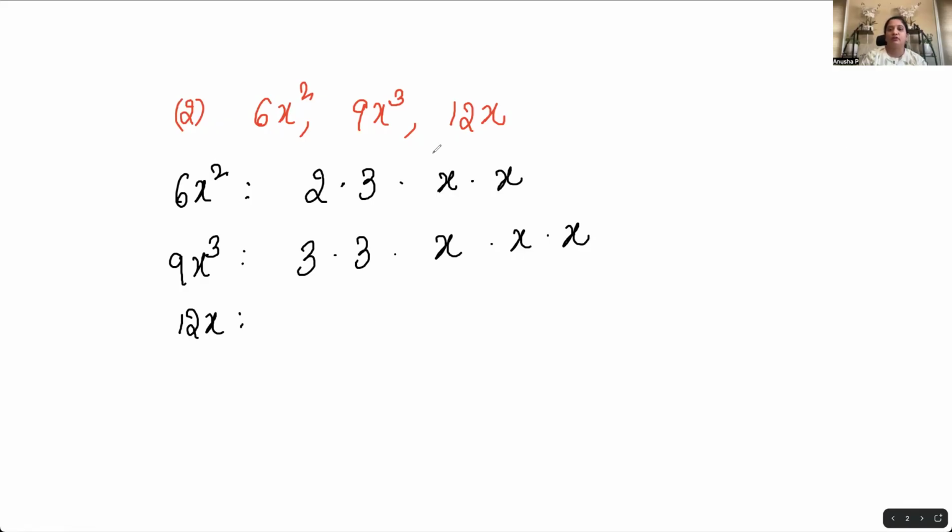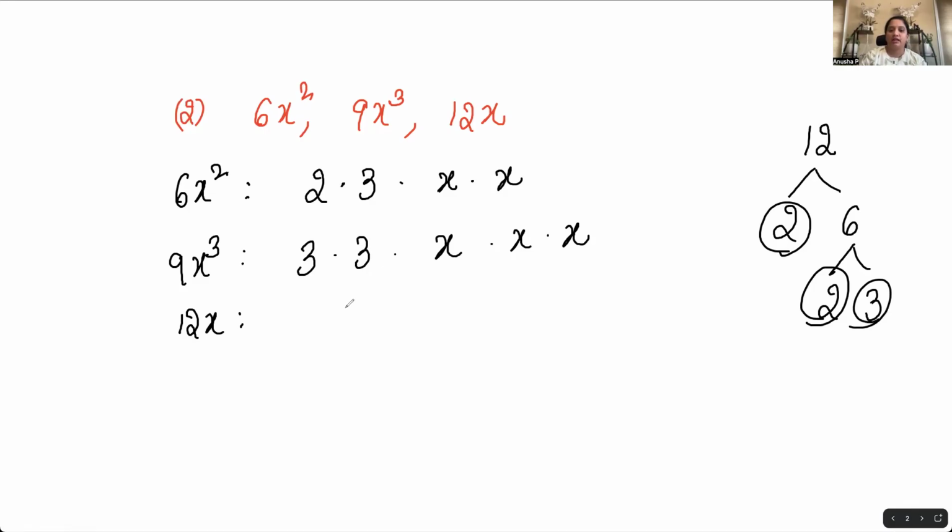So for 12x, the prime factorization for 12 is 2 times 6, but 6 is not a prime number, so we will write it as 2 times 3. So the prime factorization of 12 is 2 times 2 times 3, and then we have 1x.